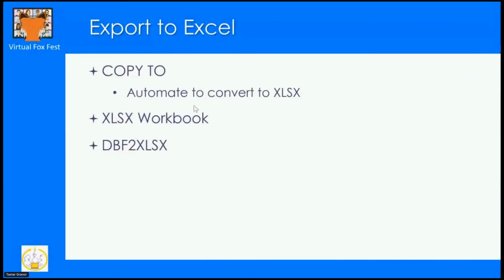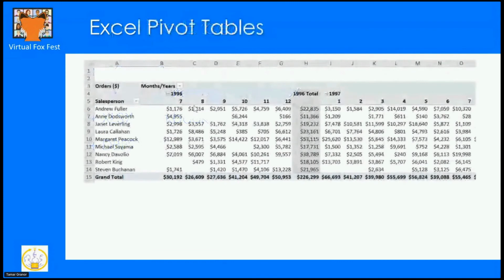But there's another option when it comes to Excel. Excel has this very nice ability to create pivot tables, where pivot has the same idea as in SQL Server. There's a wizard that creates them, and if you've never played with it, it's worth spending some time with it.